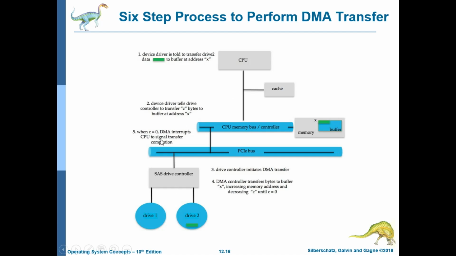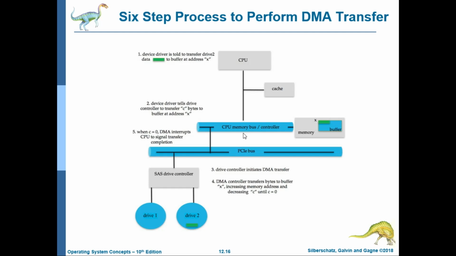And then number 5, when it has already transferred from the drive to the memory, so when C is equal to 0, DMA interrupts the CPU to signal transfer completion, so that the CPU can use the bus again. So for this illustration, when the entire transmission is finished, the DMA controller interrupts the CPU.